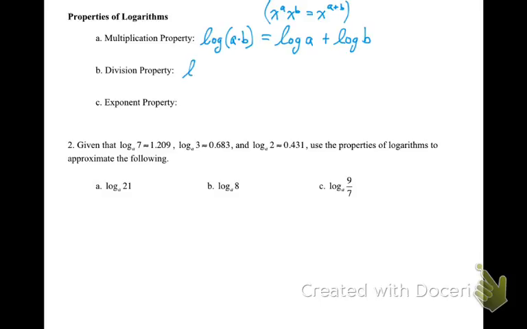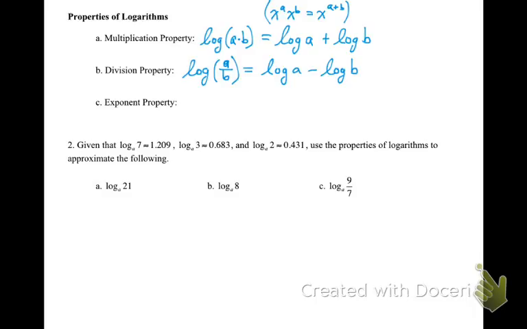Division, where you have log of any base of a over b, what you're going to do is subtract them. Just like in the exponent rules, if you are dividing like bases, you subtract the exponents.